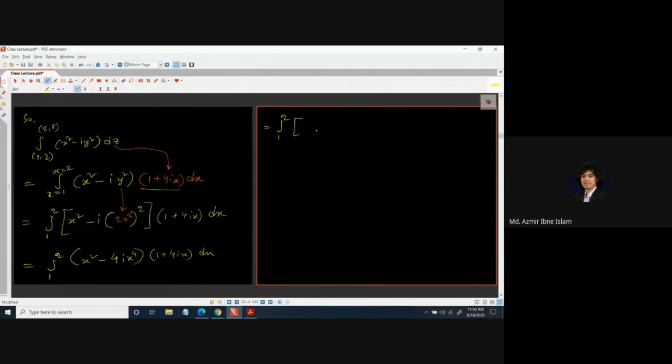X squared times 1 is x squared, negative 4i x to the power 4, and then if we multiply x squared times 4ix, it will be 4ix cubed, negative 16 i squared x to the power 5.